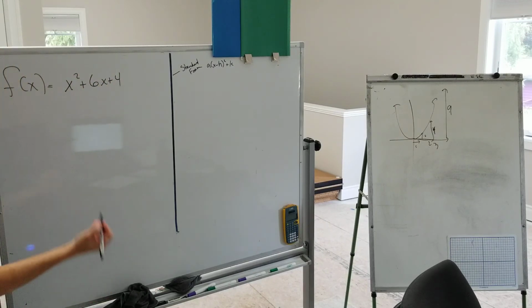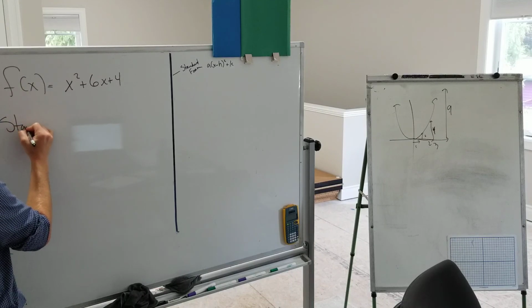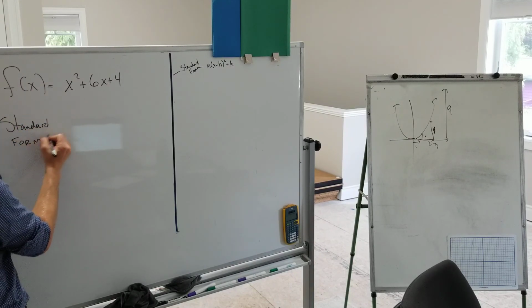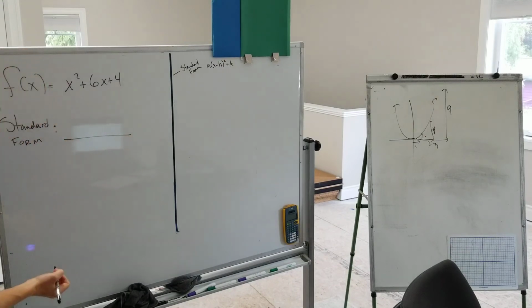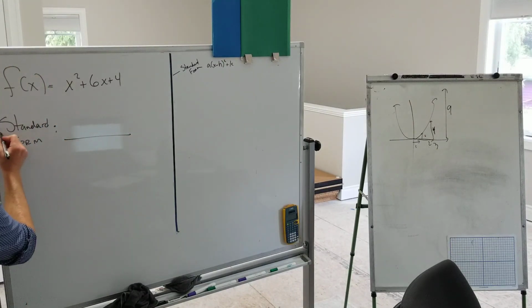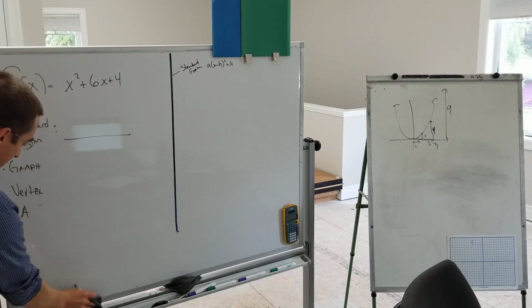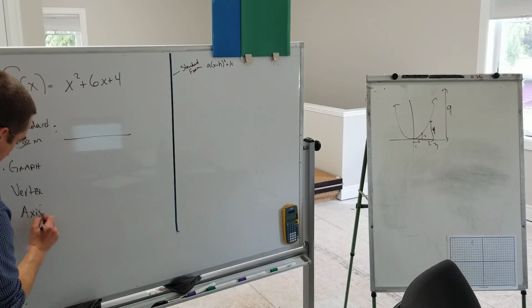We want the standard form equation. We want a graph. We'll do that over there. And we want the vertex. We want to identify the vertex, axis of symmetry. I'm just going to abbreviate that as AOS.